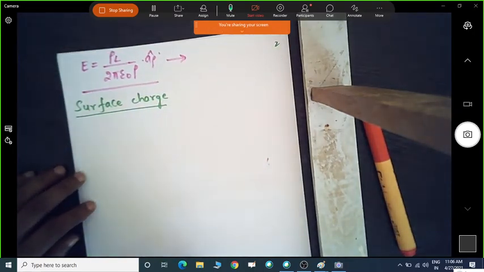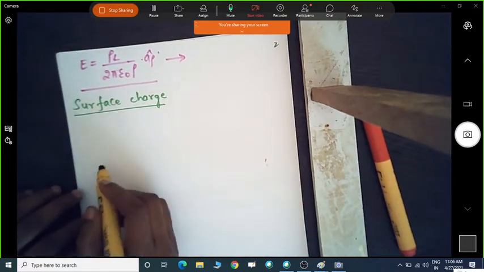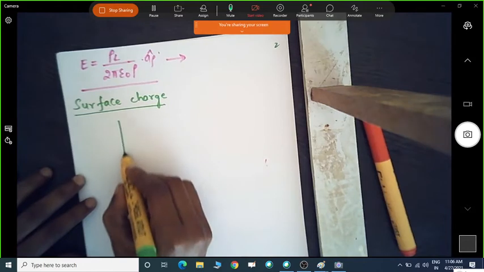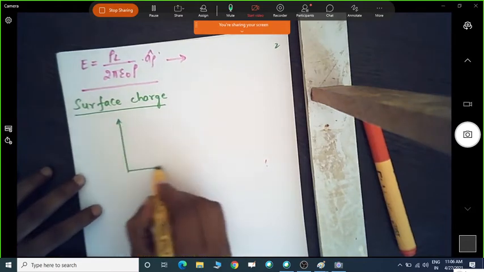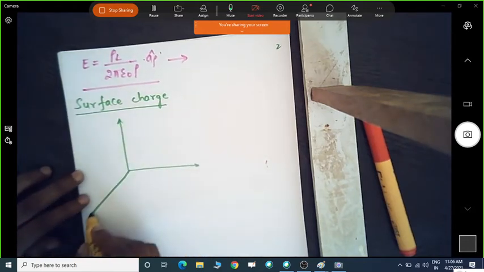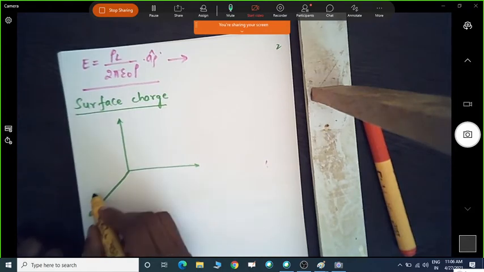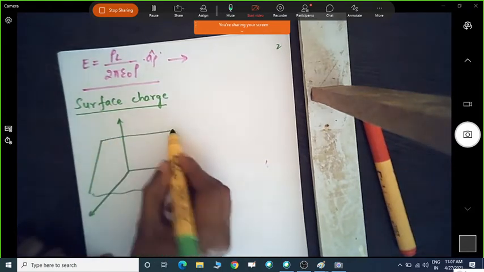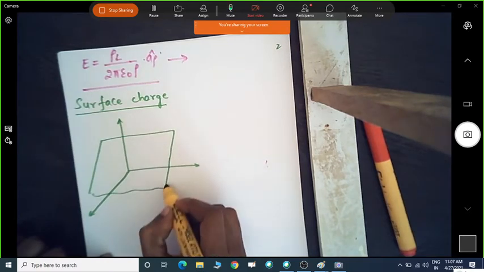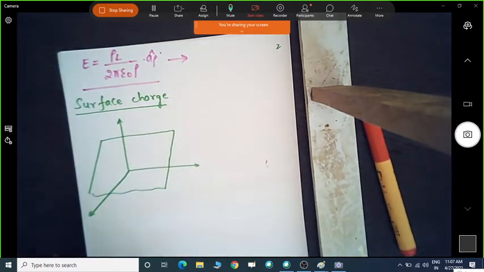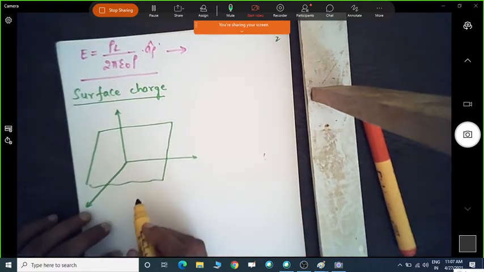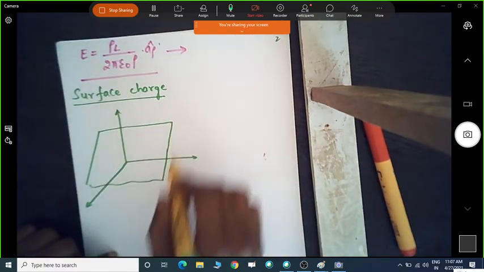So now let us take an infinite sheet charge, or surface charge, which we will write with respect to a coordinate system. Okay, there is an infinite sheet charge, so assume it is an infinite surface.